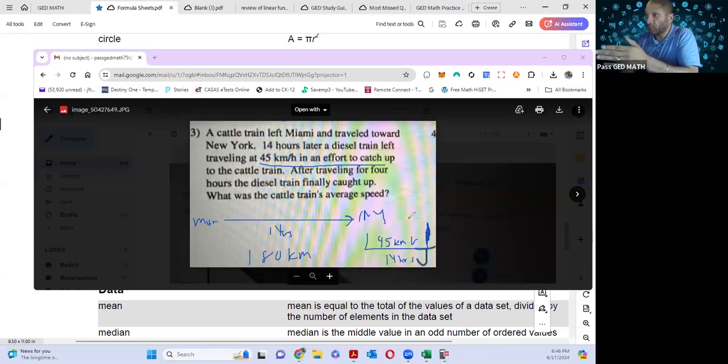So in total, this cattle train has been traveling for 18 hours, because 14 plus 4 is 18. But we know the total where it caught up is 180. So we do 180 divided by 18, which is 10. So the cattle train was moving 10 kilometers per hour.